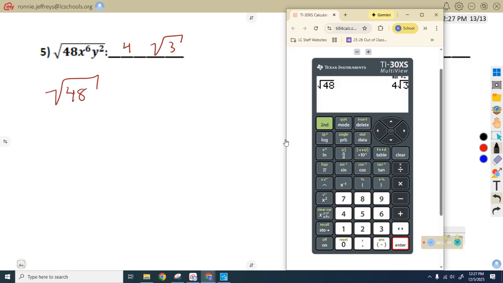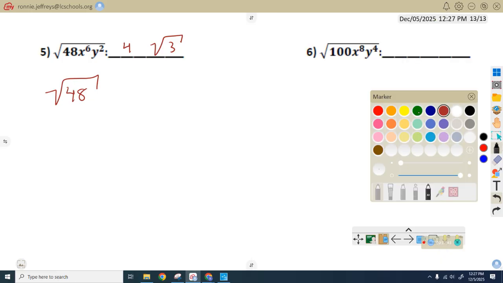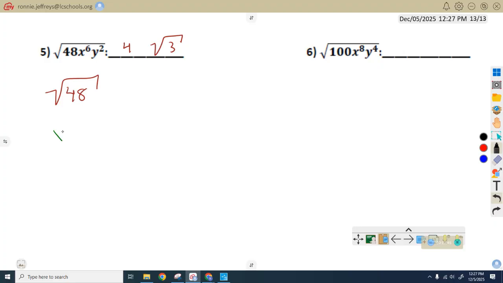Now, when we're doing x, it's how many times will 2 go into 6? 3 times. Yeah, so if we don't have a remainder, we actually don't put anything in the house.